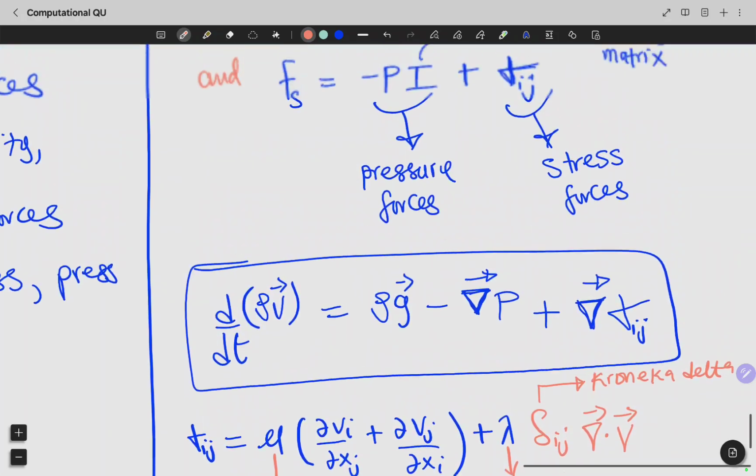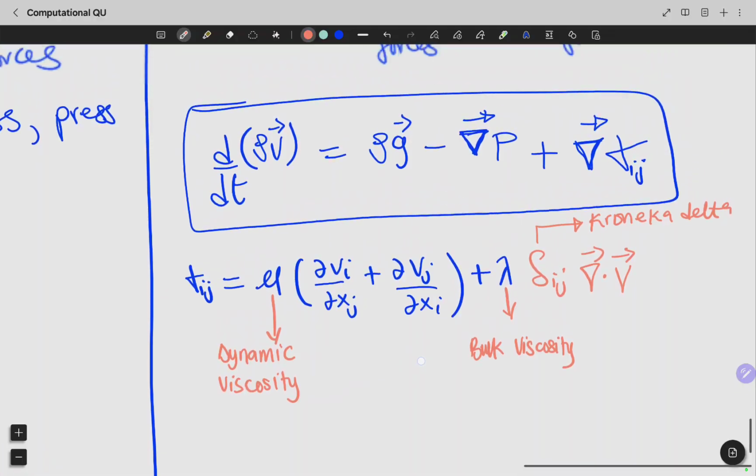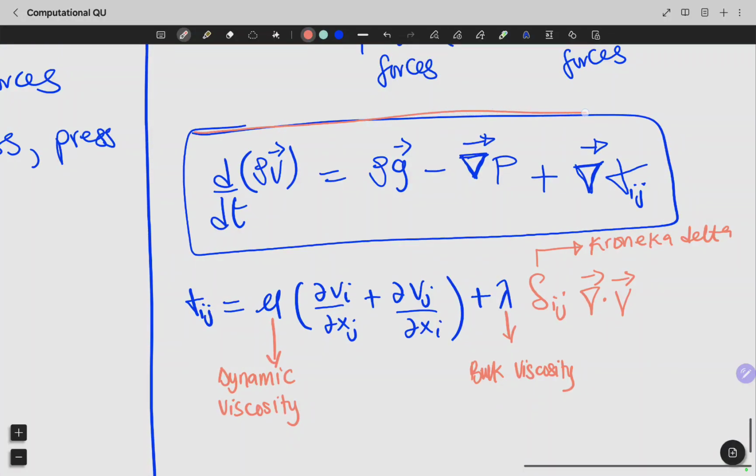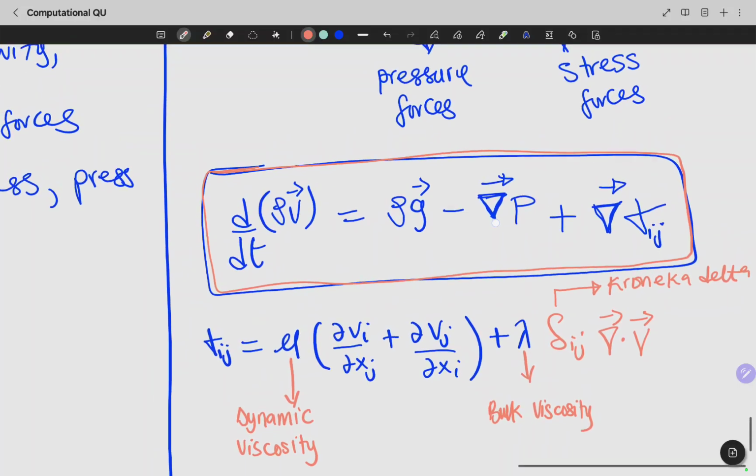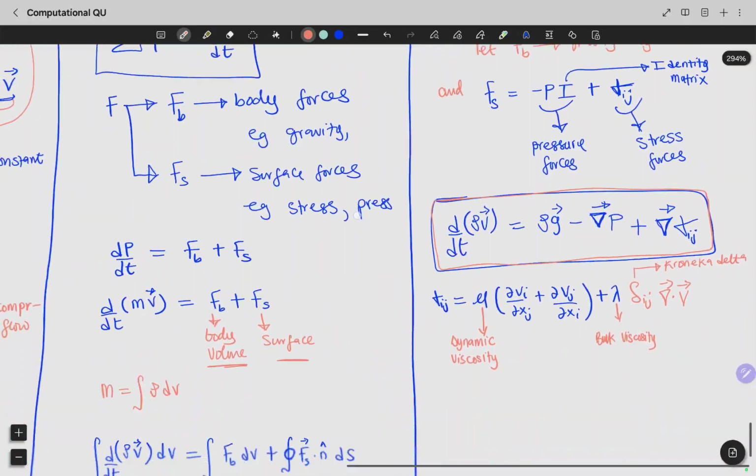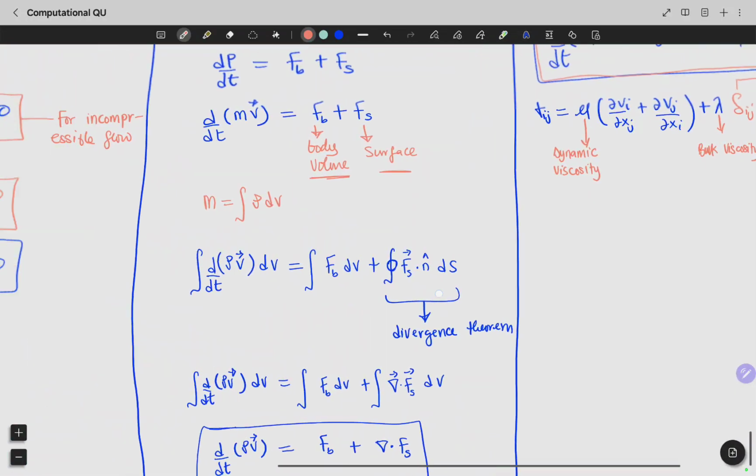Now, this equation, the Cauchy momentum equation, is general, but it's for any fluid, gases and liquids. But if you're focusing on Newtonian fluids or incompressible liquids, then you have to apply this law.